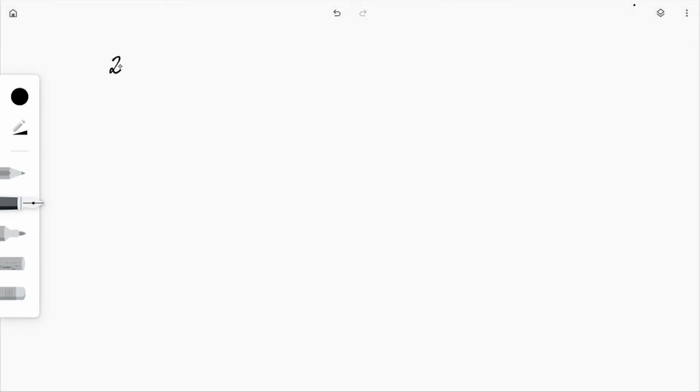Now let's do another simple example, that is to determine L of t. By formula we know L of t is equal to the integral from 0 to infinity of e raised to minus st into f of t. Here f of t is t, into dt. So here we'll have to apply integration by parts. This will be my first function, this will be my second function.